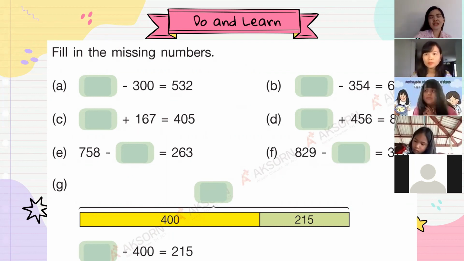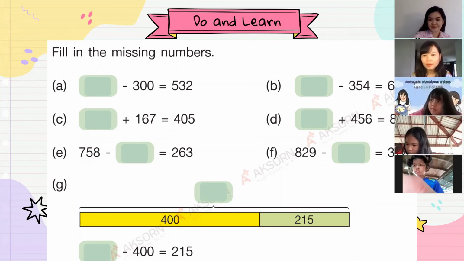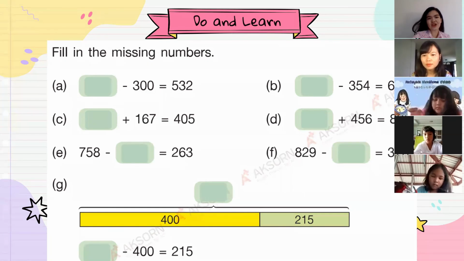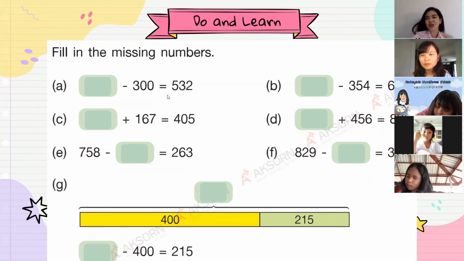Okay, so we're going to solve it all together. Are you ready? Yes. So this one, letter A, blank minus 300 is equal to 532. So we're going to fill in the missing number.